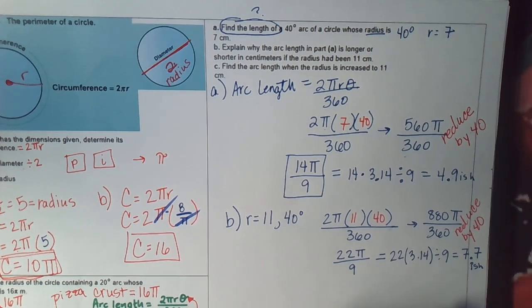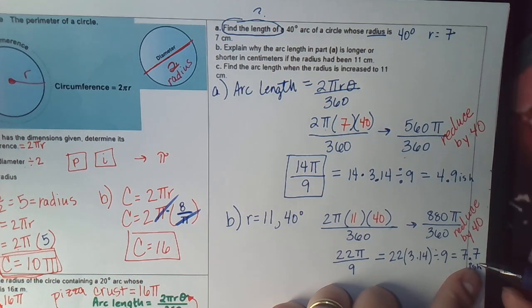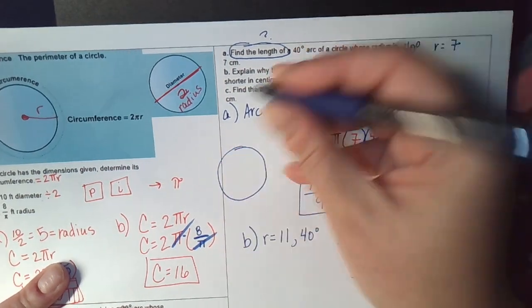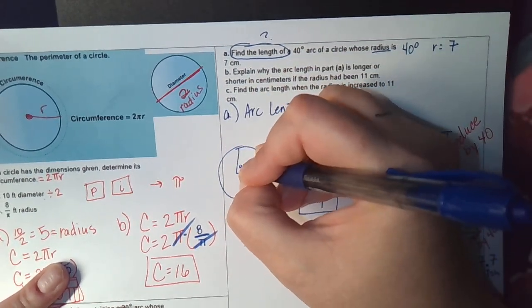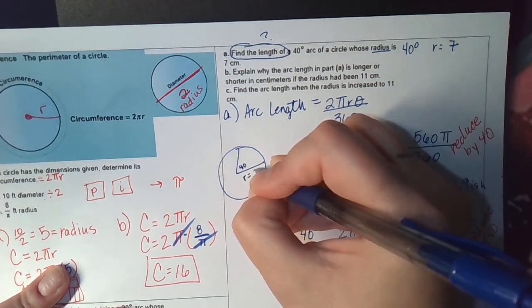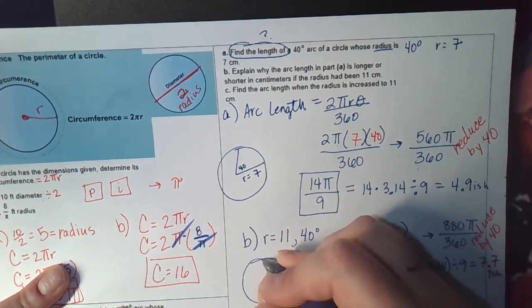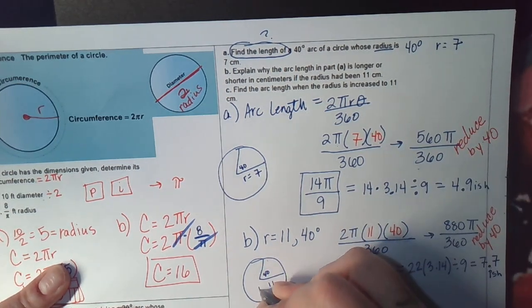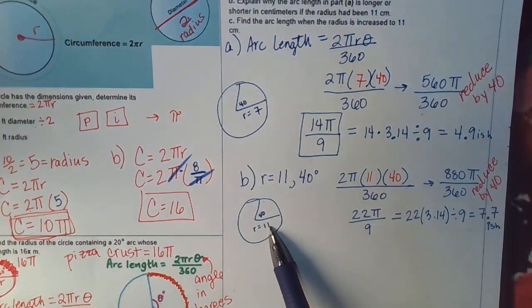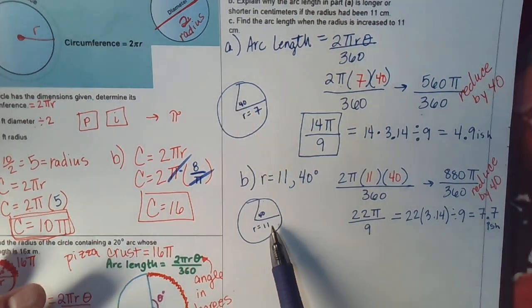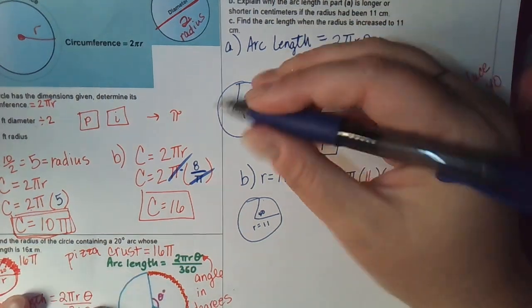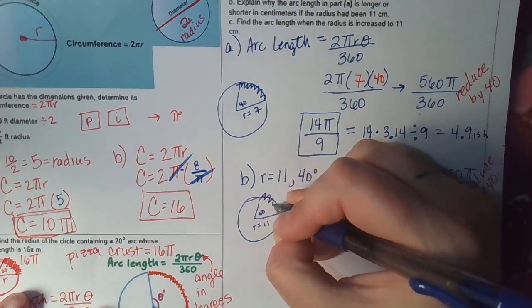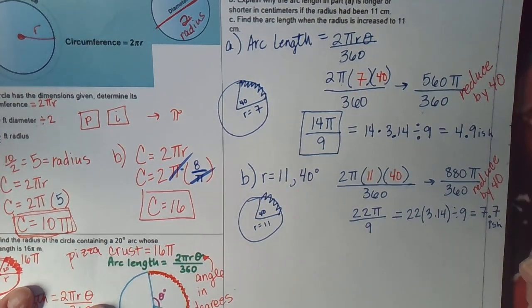Okay, so both of these circles are talking about a 40-degree angle. But the difference in that 40-degree angle is how long the radius is. So when I have a radius that's bigger, my arc length is bigger. It goes from 4.9 to 7.7. Yeah.